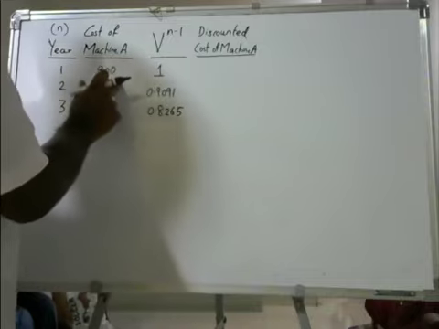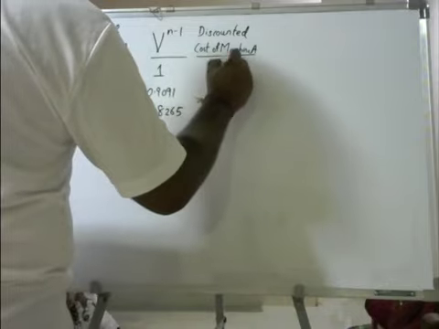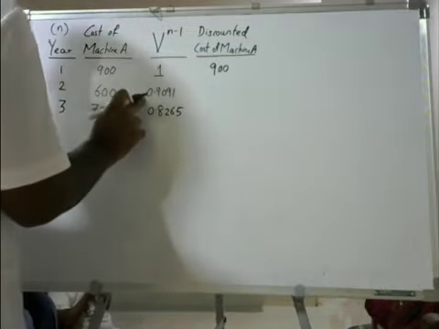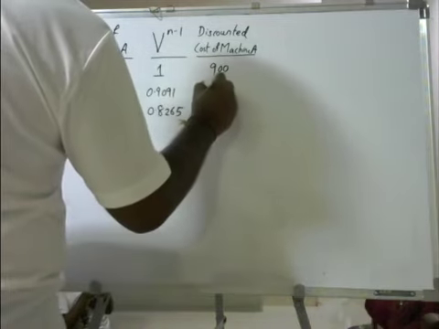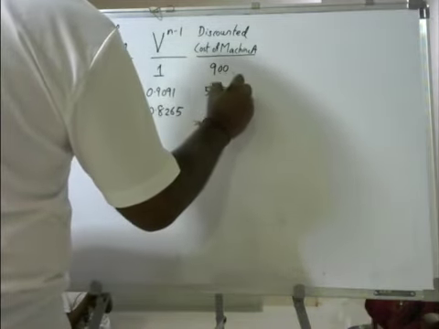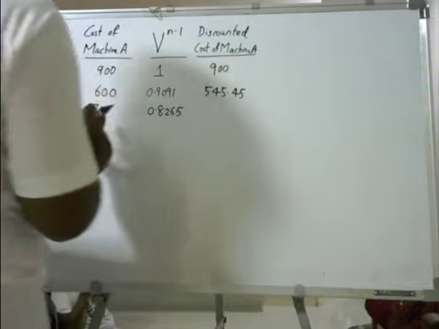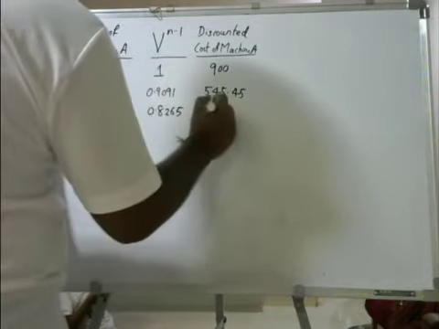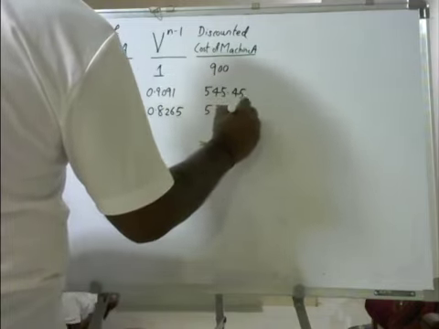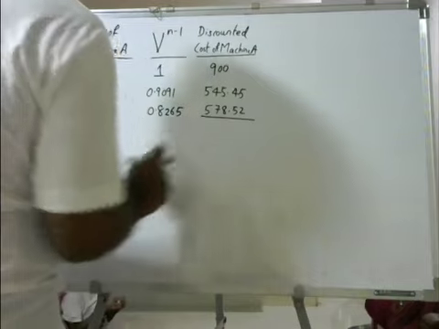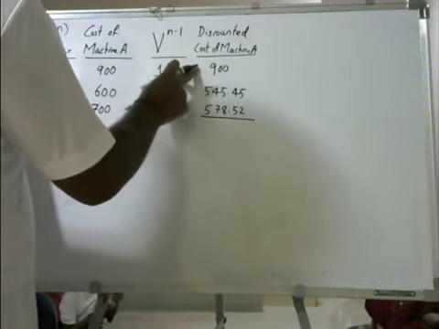So 900 into 1 is 900. 600 into 0.9091 is 545.45. Then 700 into this is 578.52. Now this is the discounted cost of machine A.